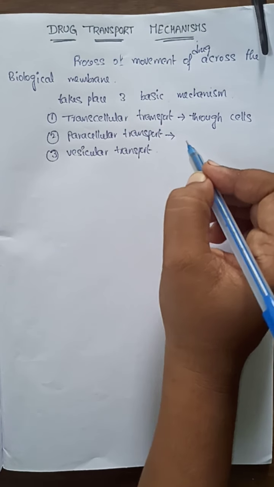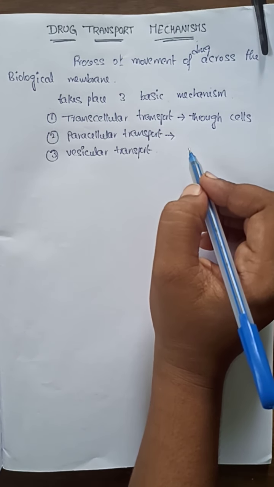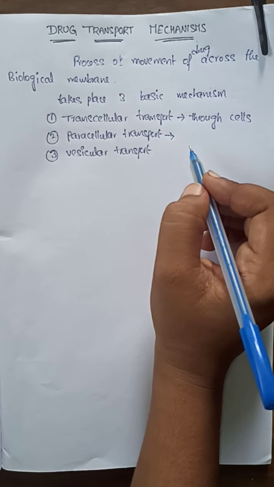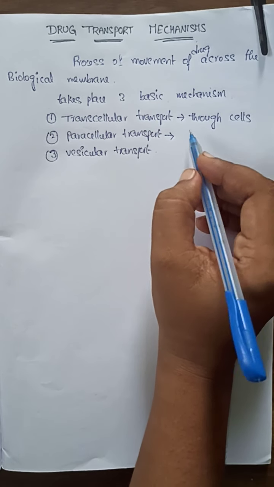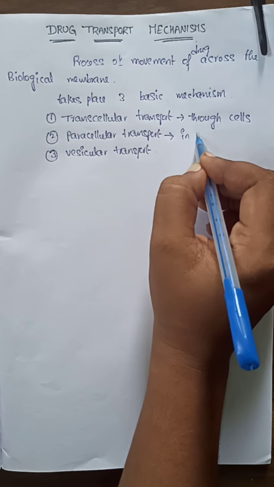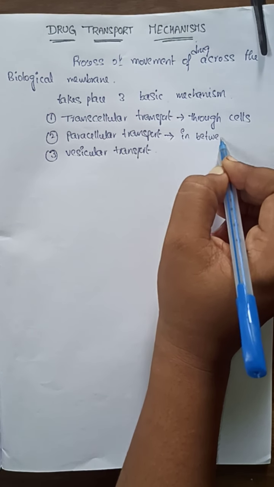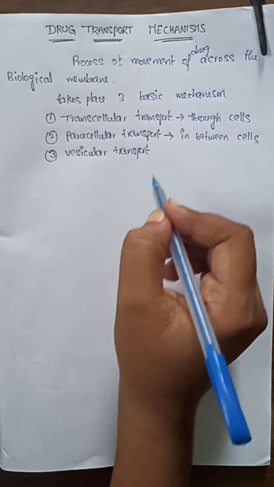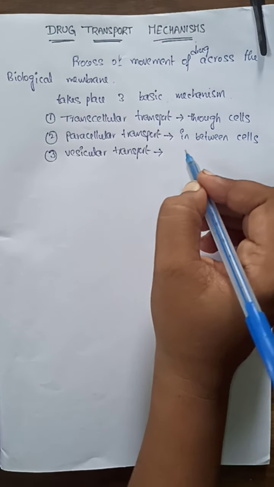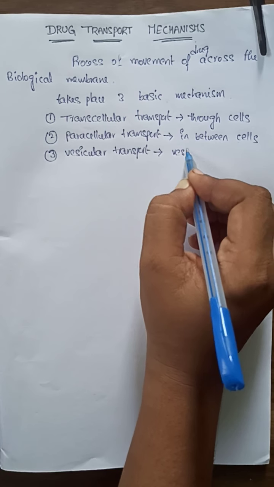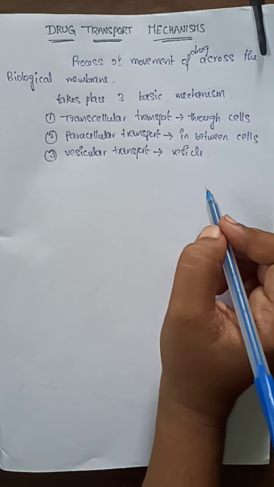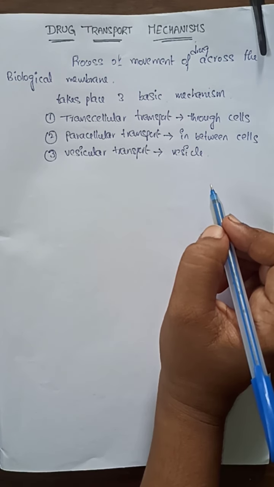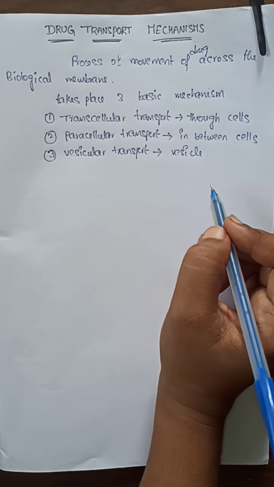Paracellular transport means the passage of the drug in between the cells. Whereas the passage of the drug in vesicle form by endocytosis, that means by an engulfing mechanism, is known as vesicular transport.